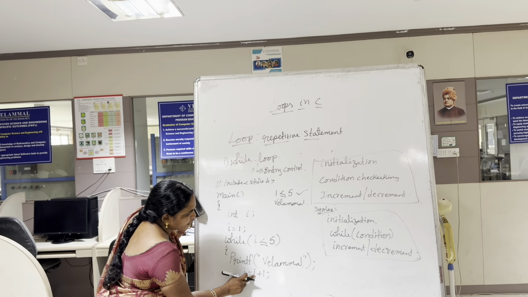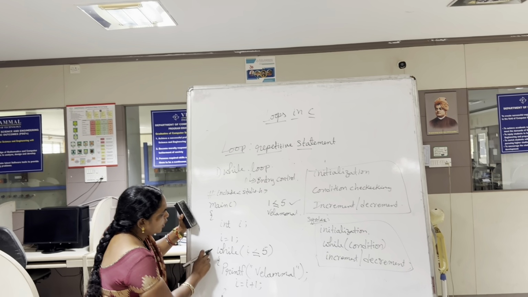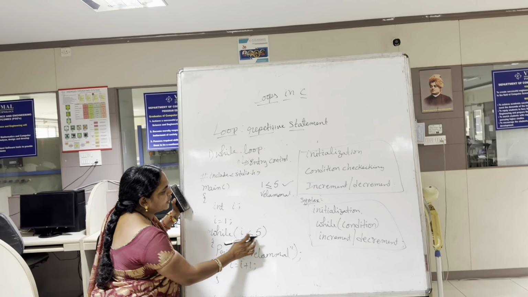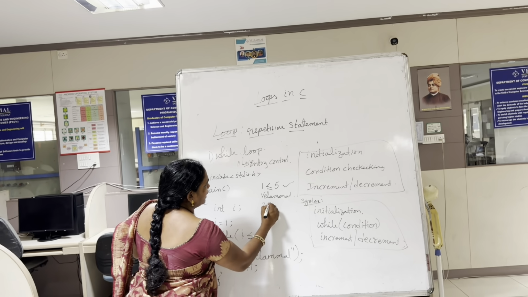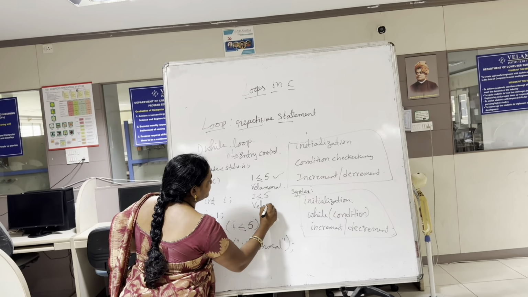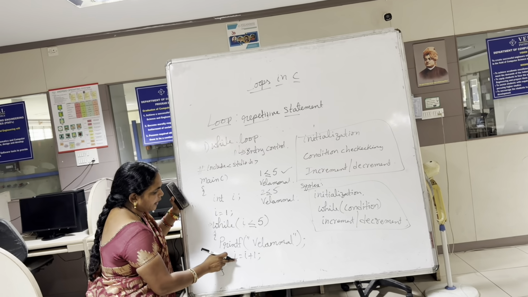I was 1 and the I value will be incremented to 2. Now again the while loop will be checking the condition 2 less than or equal to 5. The condition will be true and the output Velammal will be printed the second time.